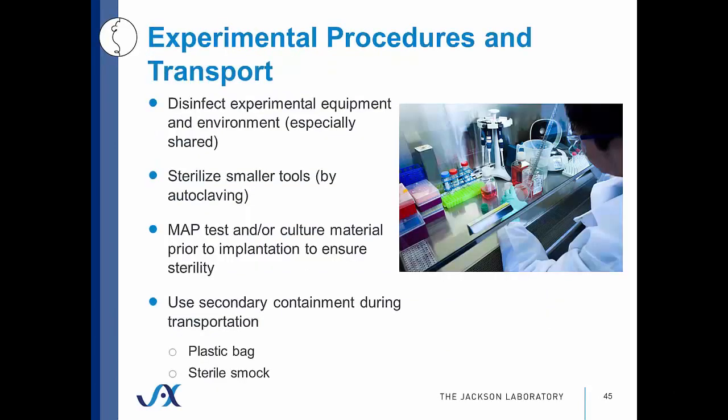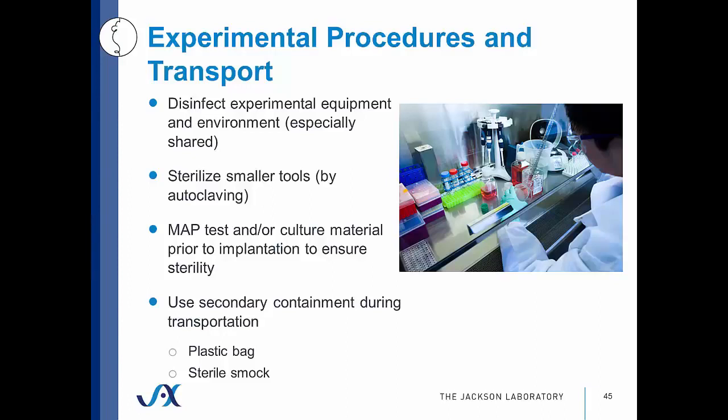We know that a number of you will be using NSG mice for experiments, and so it's really important to disinfect experimental equipment as well as the environment, if it's shared, prior to placing NSG mice in there. And finally, you'll want to sterilize your smaller tools by autoclaving if possible. And if you're using human tissue culture samples, it's really important to map test and/or culture that material prior to implantation, just to ensure its sterility.